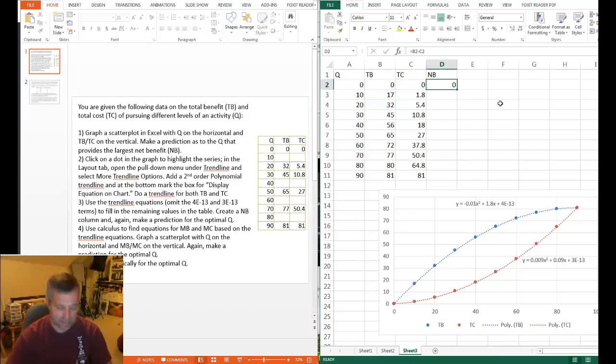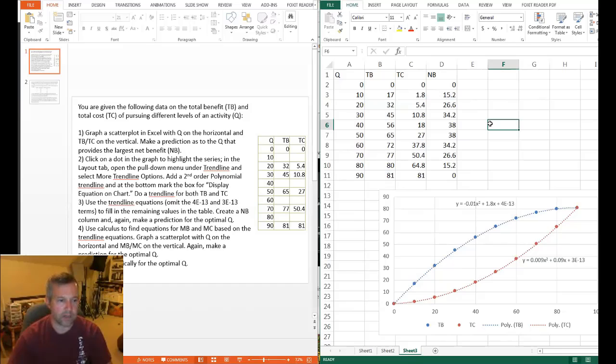But a quick way of doing it is either I could copy this, highlight the rest, and hit paste, and it'll put them in there. Or if you don't even want to do that, you could highlight here, and there's a little small box that shows up in this lower right corner. If I hover over that and then double click that, it copies everything down to where there's no data anymore.